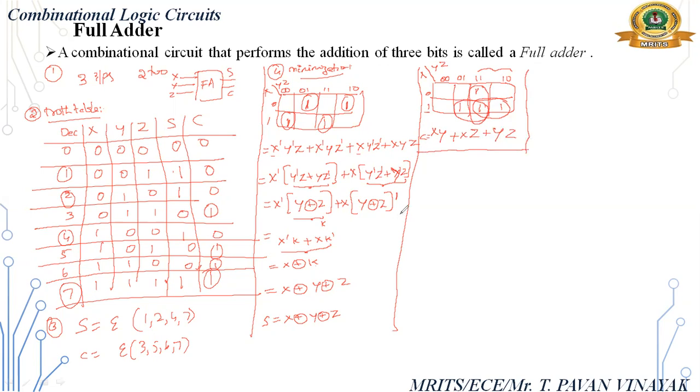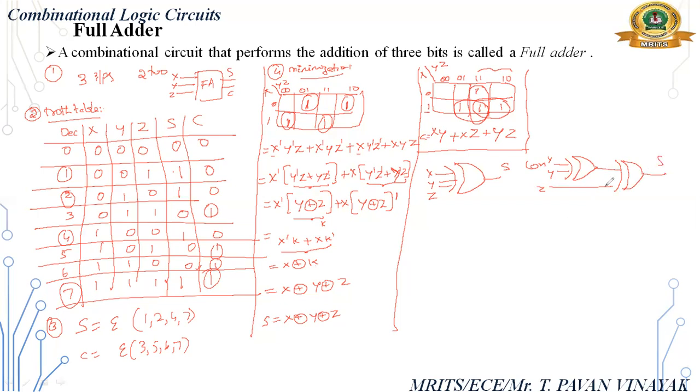Now you have to draw the circuit. You can draw the XOR operation as a 3-input XOR, writing directly like this: X, Y, Z equals sum. You can draw like this also, or with 2-input XORs: X, Y and Z, giving the sum.